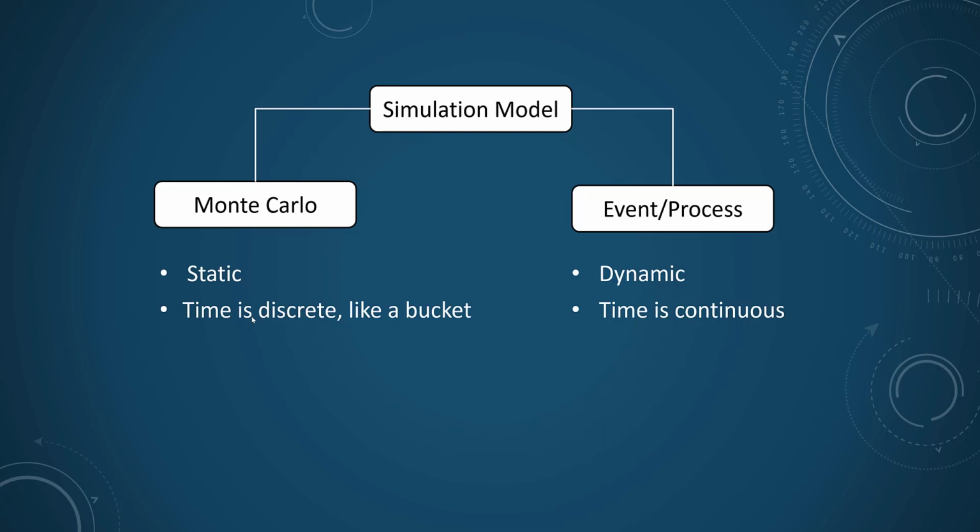You define what time frame you're looking at a priori. It could be a day, an hour, a month, a year. So you define a particular time bucket, and then you simulate what will happen within the constraints of that time bucket. Whereas in event simulation or process simulation, time is continuous. You observe the system over time and then see what changes take place in the system.